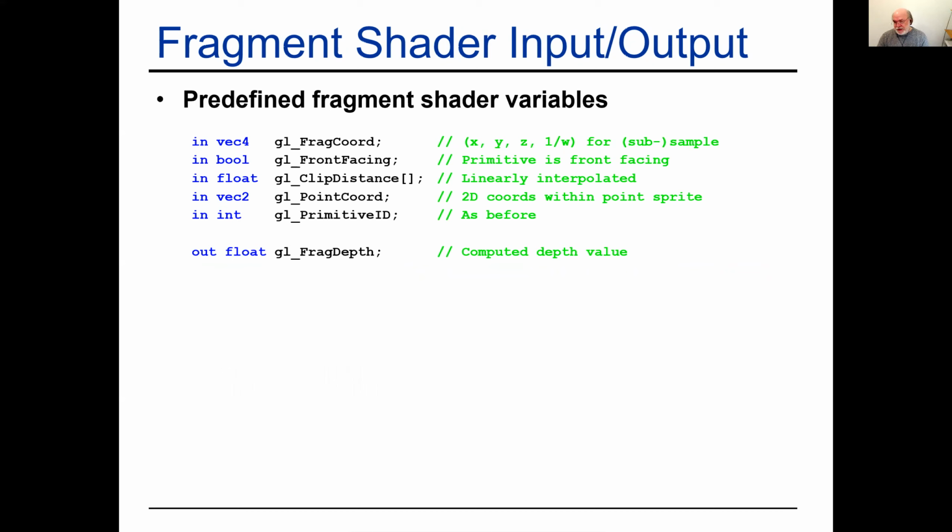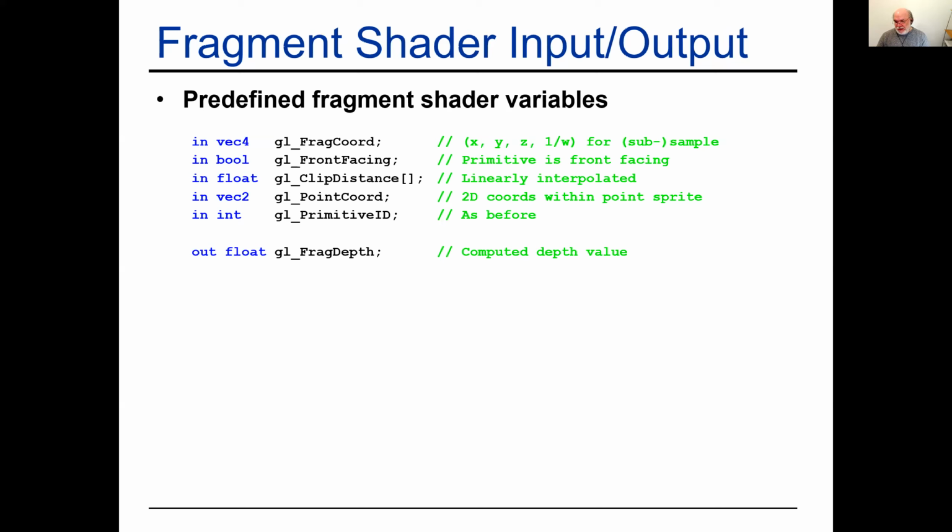They don't get W, but they get 1 over W. So vec4, they get a flag whether they're front facing or not. They give the clip distance point coordinates. So this is, again, a point can be larger than a pixel.